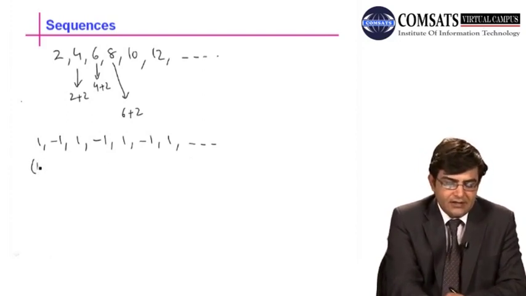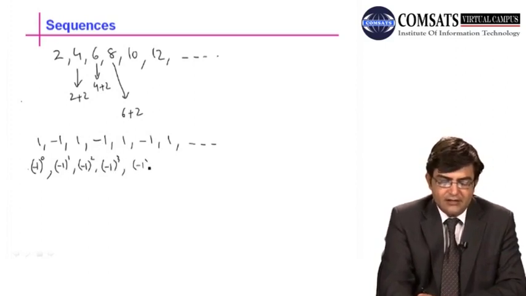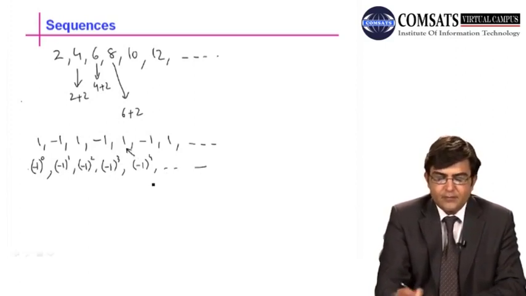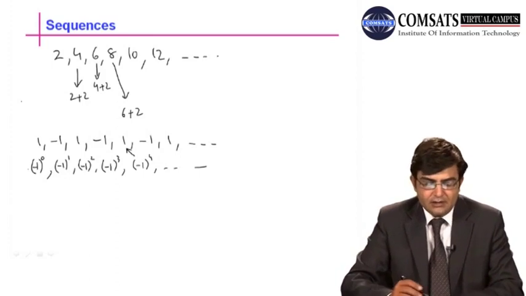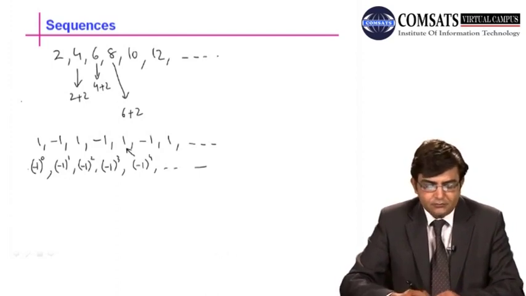For example, minus 1 power 0 is 1, minus 1 power 1 is minus 1, minus 1 power 2 is plus 1, minus 1 power 3 is minus 1, and minus 1 power 4 is plus 1. So each next number of a sequence is obtained with the help of the previous number.